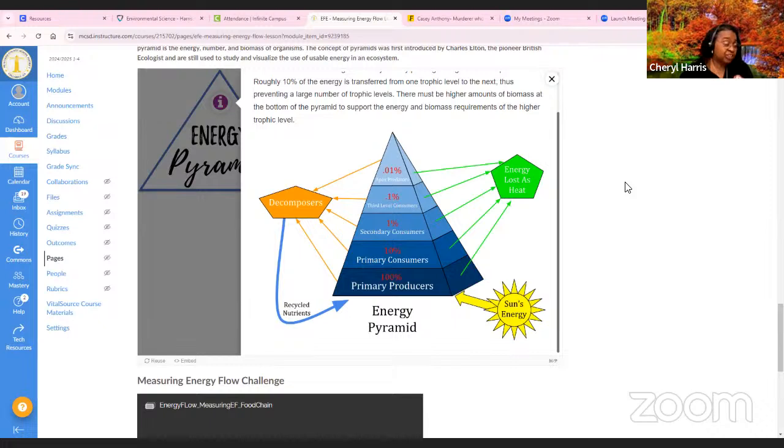But what they're saying in general is that 10% is only available for the next organism. So that stored energy is available for the thing that is eating you or eating that organism. Nobody eats you all. We are the apex predators. Hopefully.